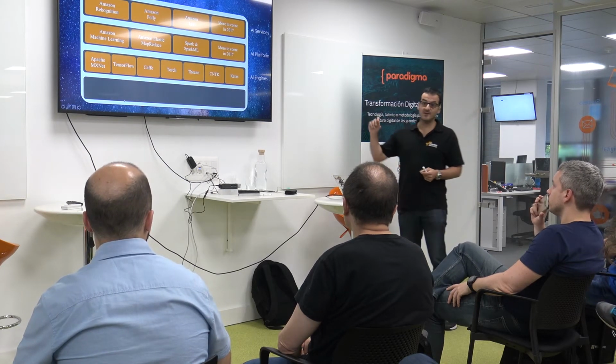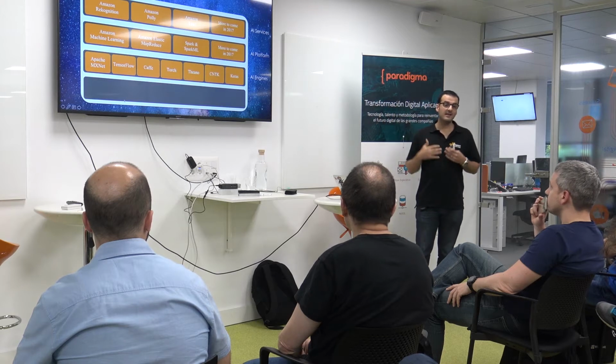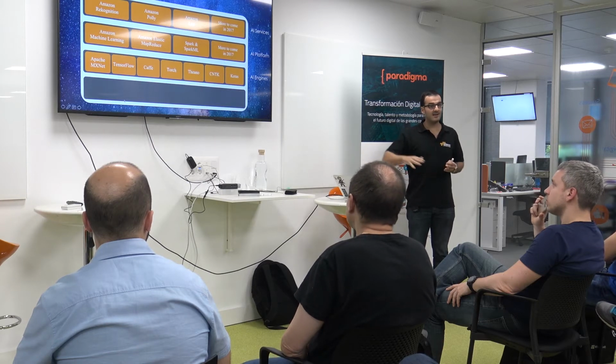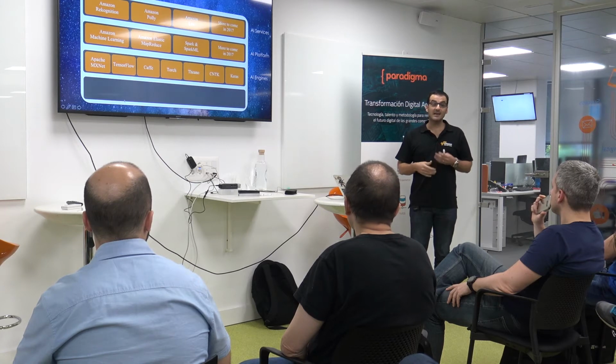And this is interesting. For example, in AWS we like MXNet a lot because it's very scalable. It scales almost linearly, no matter the number of GPUs you have, and also it's very light, so that you can train your model with your data sets in the cloud. And once you have your model trained, you can embed it in your app.